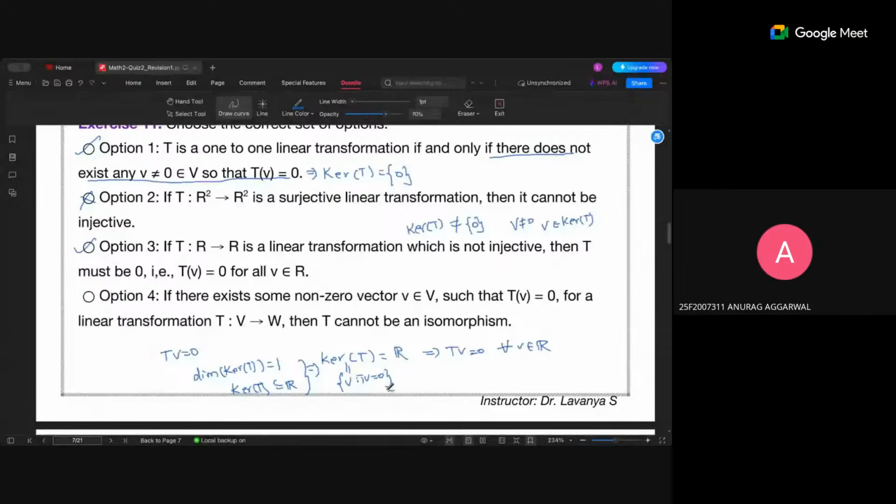Can you elaborate, ma'am? See, kernel is the set of all V such that TV equal to 0, and this kernel is your domain. So this means all elements in your domain are going to 0. Right? So that is what is written here: TV equal to 0 for all V in R.